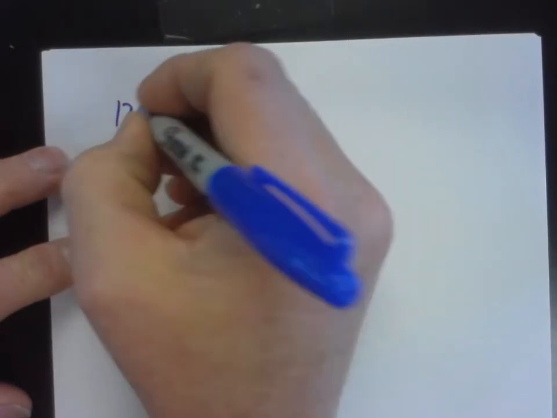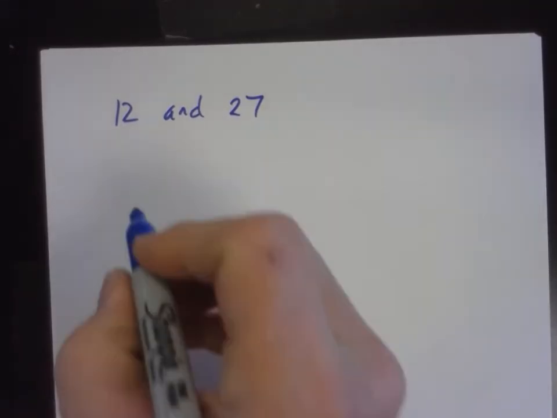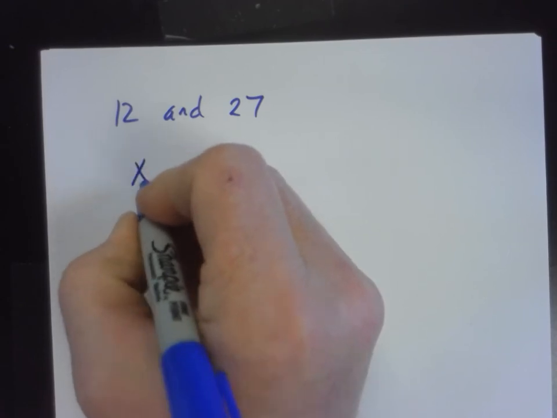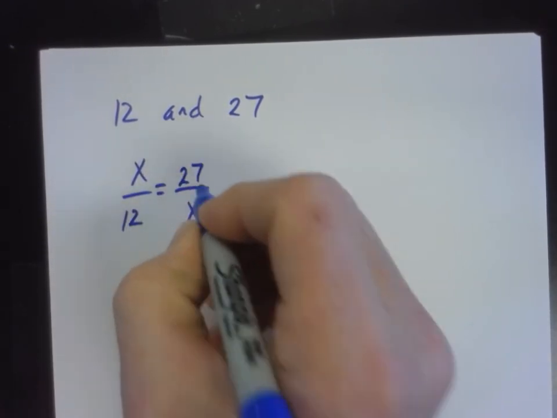If you're asked to find the geometric mean of two numbers, say 12 and 27, the geometric mean would be x, and you just put 12 here and 27 here.